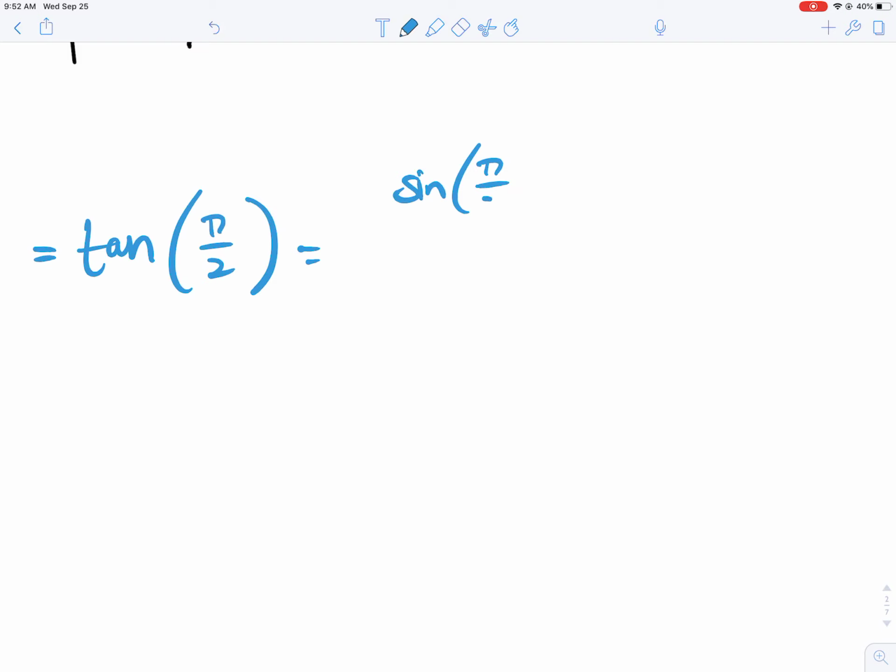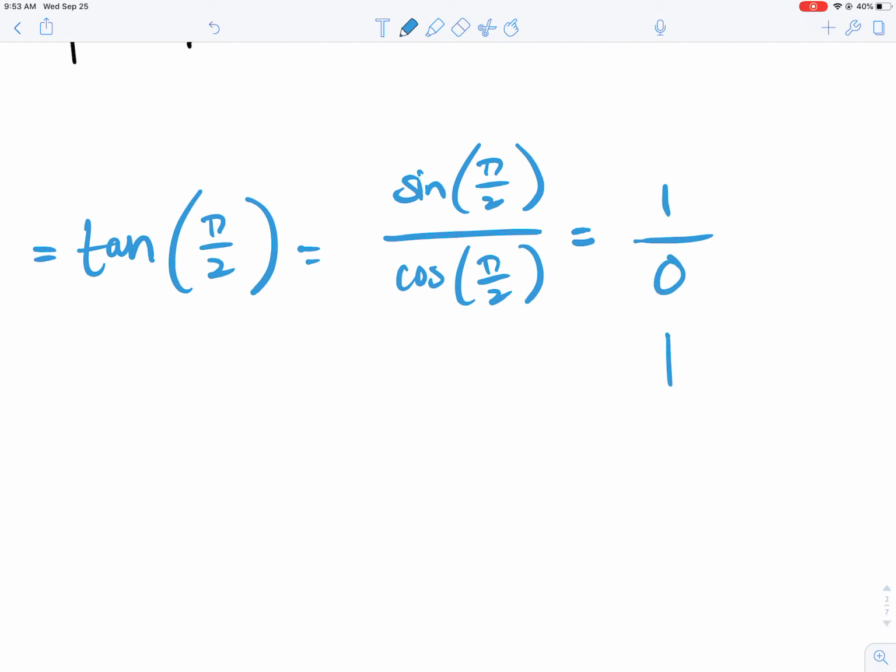So you either remember from your unit circle what tangent of pi over 2 is, or you can think about the fact that tangent is sine over cosine. Sine of pi over 2 would be 1, and cosine of pi over 2 would be 0. So because we got 0 in the denominator and a number in the numerator, there will be a vertical asymptote at x equals pi over 2.